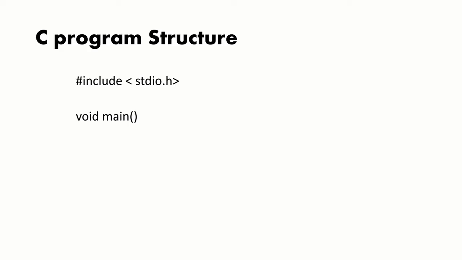Then main. When you say an opening and a closing parenthesis, it just says that it is a function. So here main is a function, which is the first function to be invoked when the program starts execution, which is followed by curly braces which show the beginning of the main function, and then we can give all the declaration of the variables.